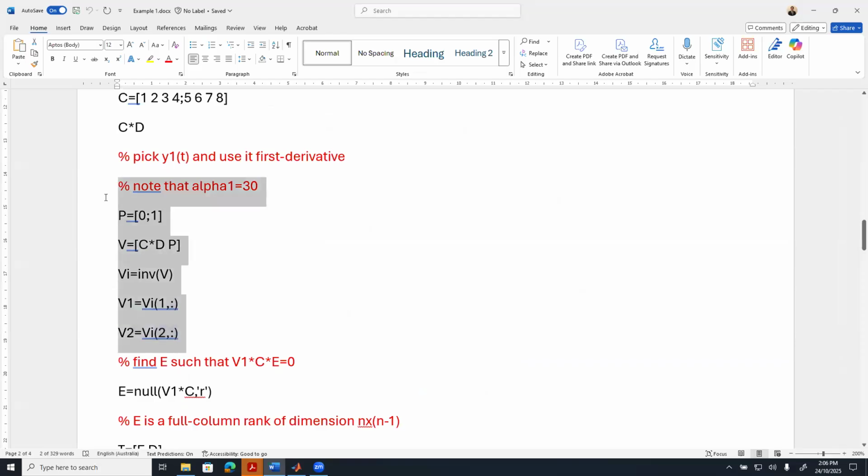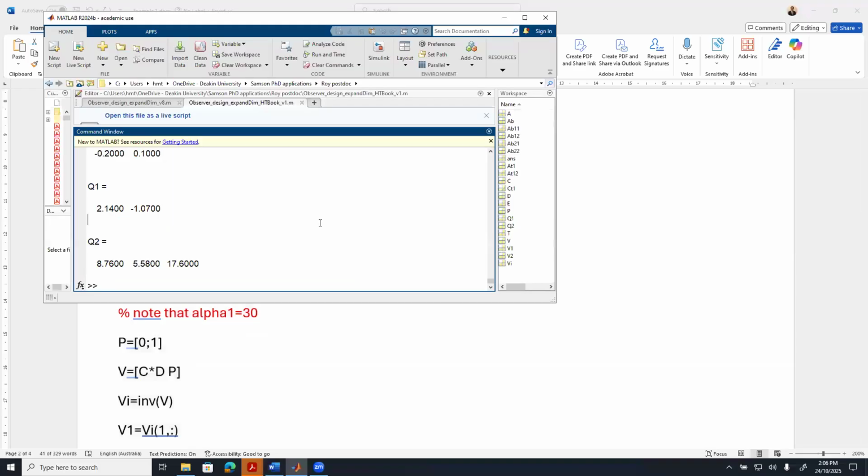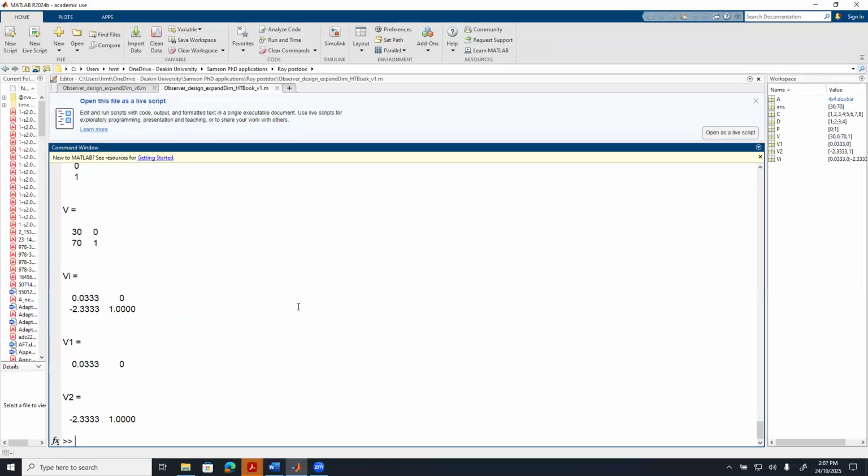So let me copy and paste these codes back into MATLAB. And let me clear up the whole thing, and let's paste them in there. We can see that the V matrix here has this special structure.